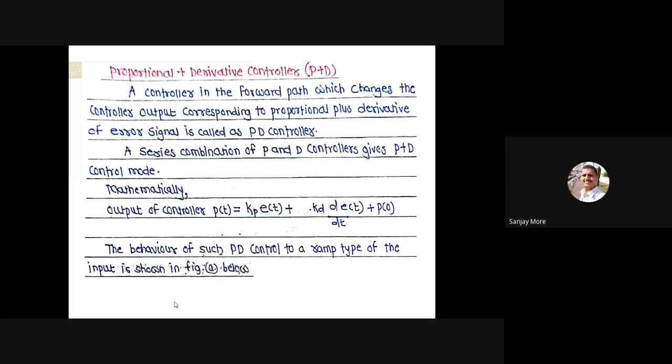Then the next point is the proportional plus derivative controller. Write down the heading: proportional plus derivative controller, P plus D controller.